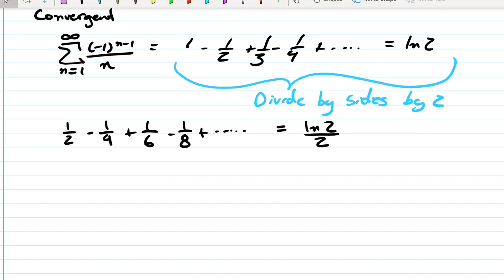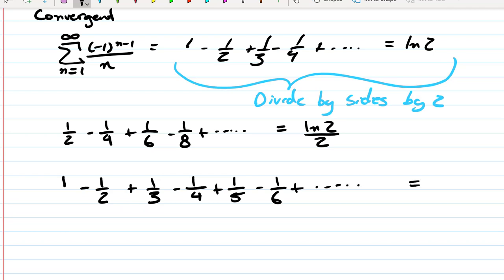So if I then take this series and line up this first bit, so 1 minus a half plus a third minus a fourth plus, I'll write out a few more terms, a fifth minus a sixth plus dot dot dot, and that equals the natural logarithm of 2.